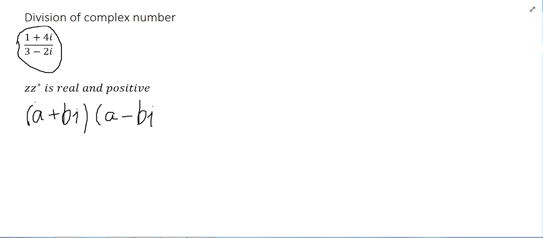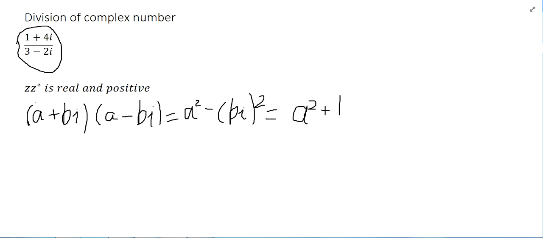The result is a squared minus bi squared. Now bi squared is equal to b squared times i squared, and from the first video i squared is minus 1, so the negative sign gets killed, and we have a squared plus b squared.